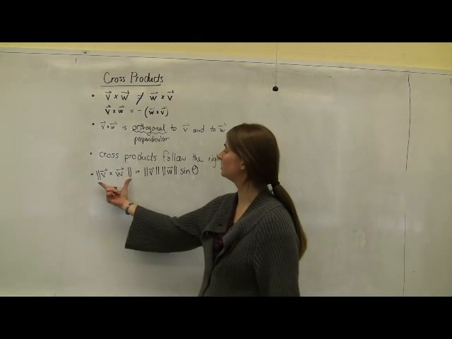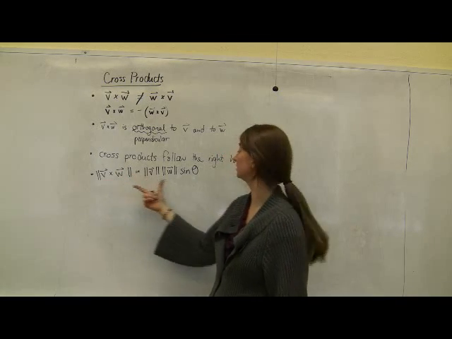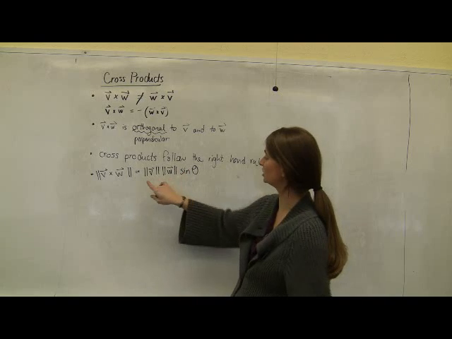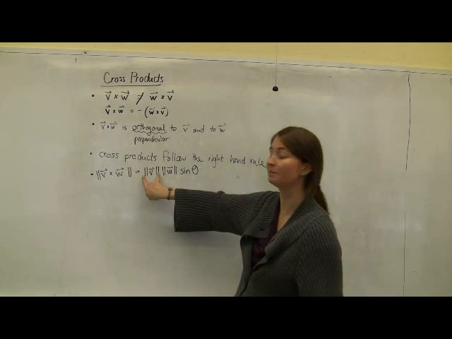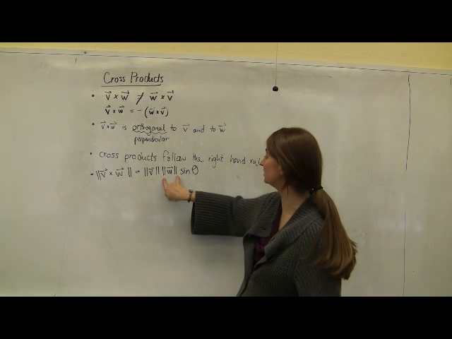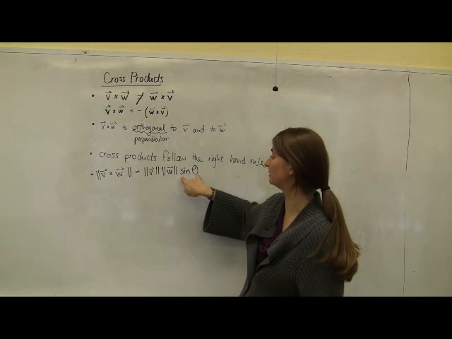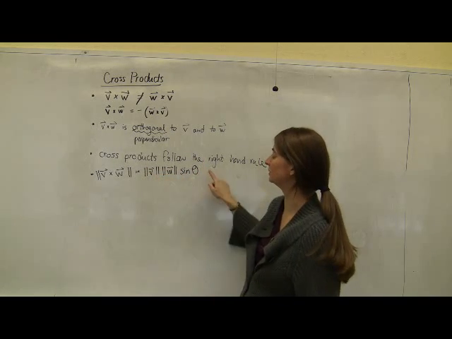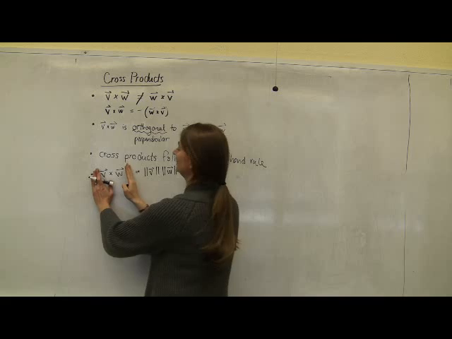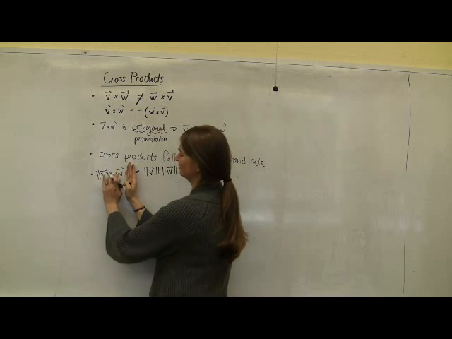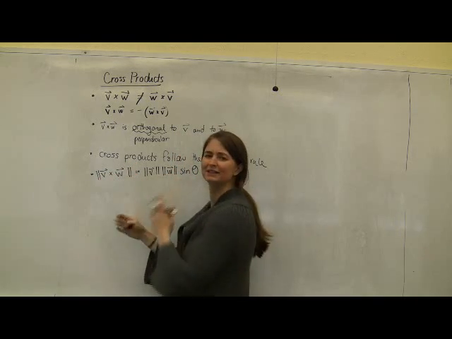Notice it's important to put magnitude vectors here. This right side of the equation, the magnitude of V is a real number, the magnitude of W is a real number, the sine of an angle is a real number, so this is just some real number. If I didn't have these here, I would be saying that a vector was equal to a real number.